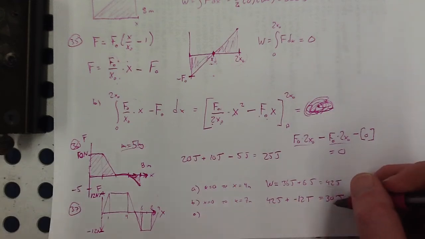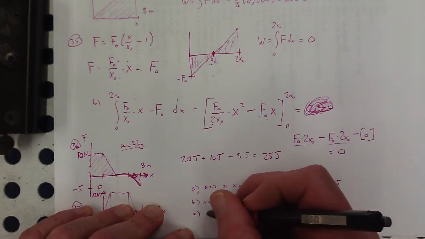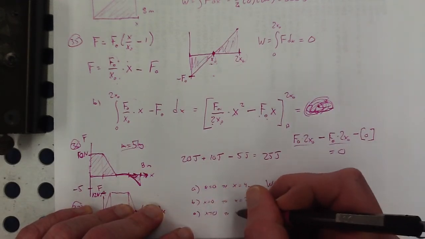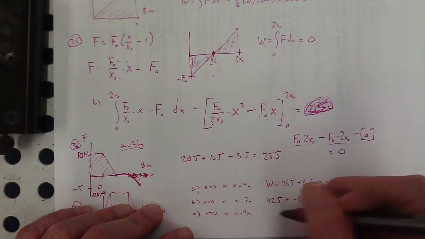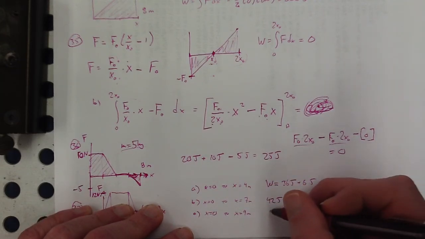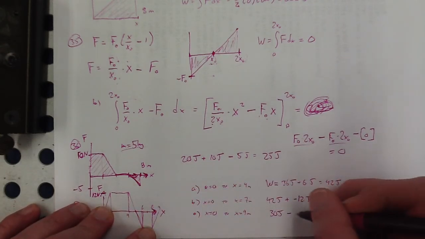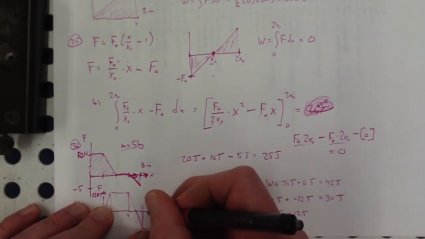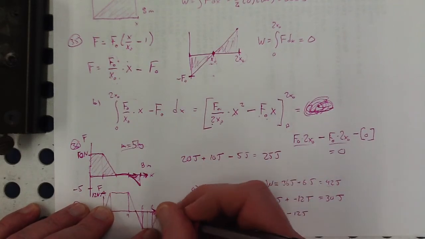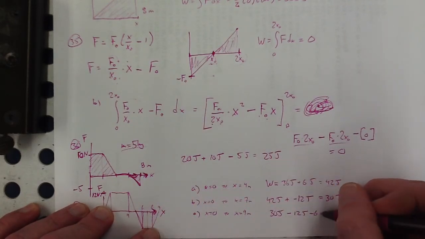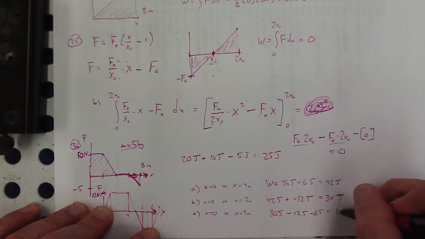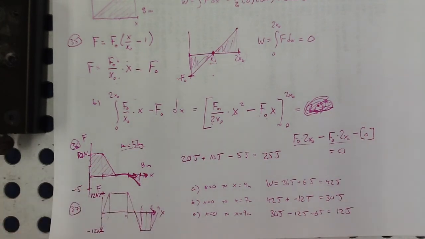So that is the 30 joules, that's going up to 7, and then I got another one of those minus 12 blocks, right, from right here, and then I got a half of one of those minus 6, so that looks like 12 joules.